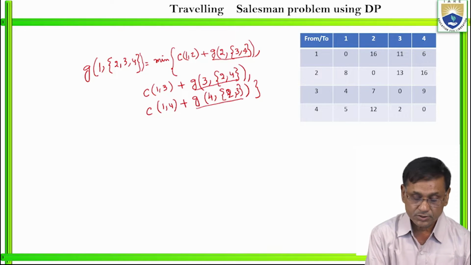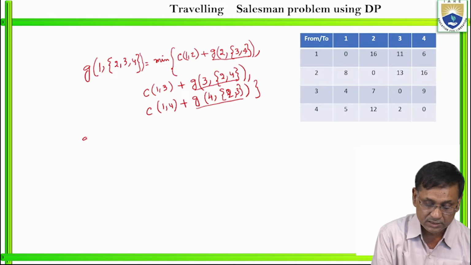So for that we can write the formula, the cost of going from city 2 to the set of cities 3, 4.